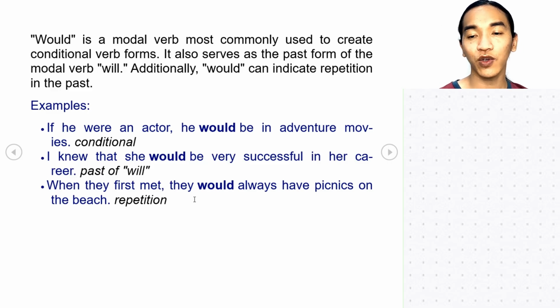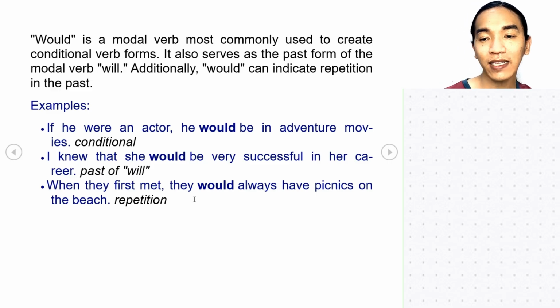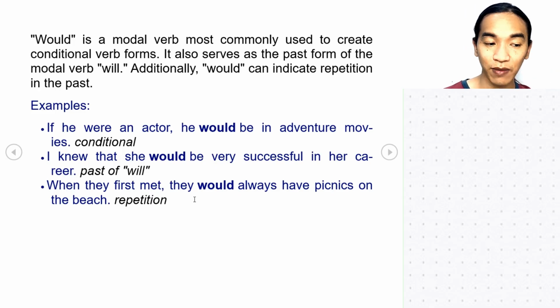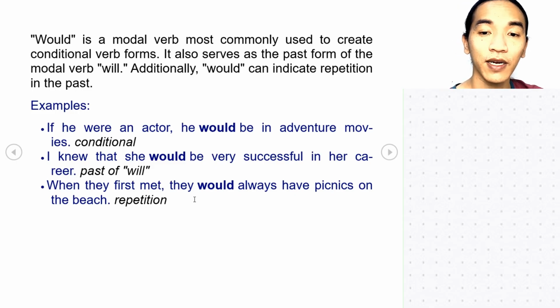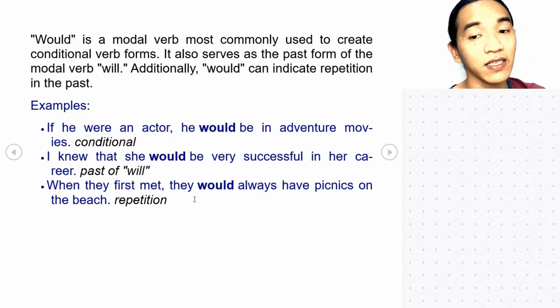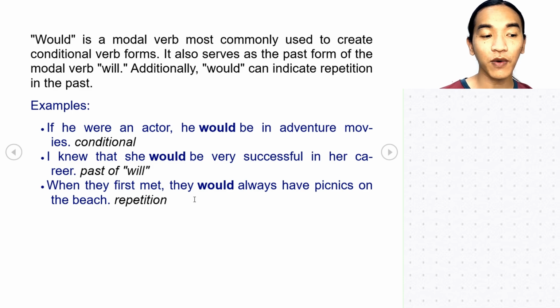Okay. So you're saying that in the past, okay, they would always do something, okay? But it also means that in the present time, this action is not existing anymore and they don't do it anymore, okay? So please remember that would is usually used for conditional, as the past of will, and for repetition or past habits.